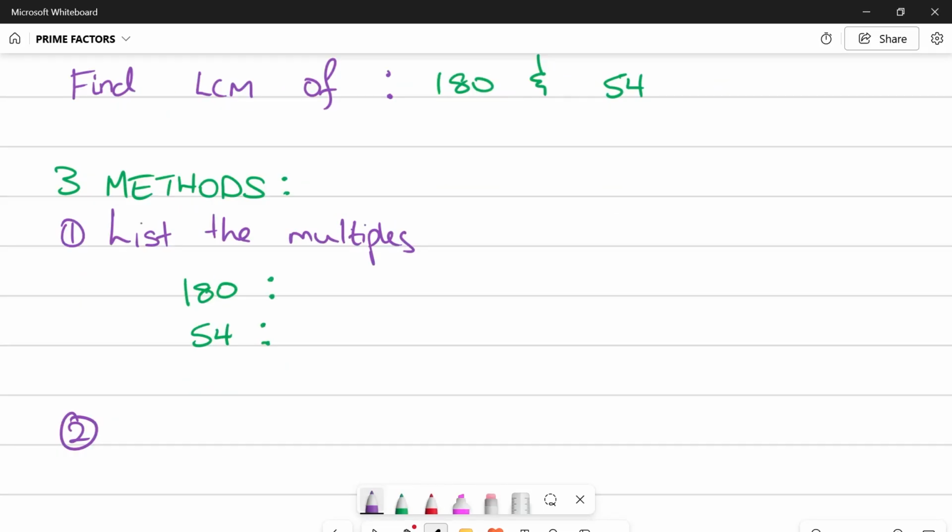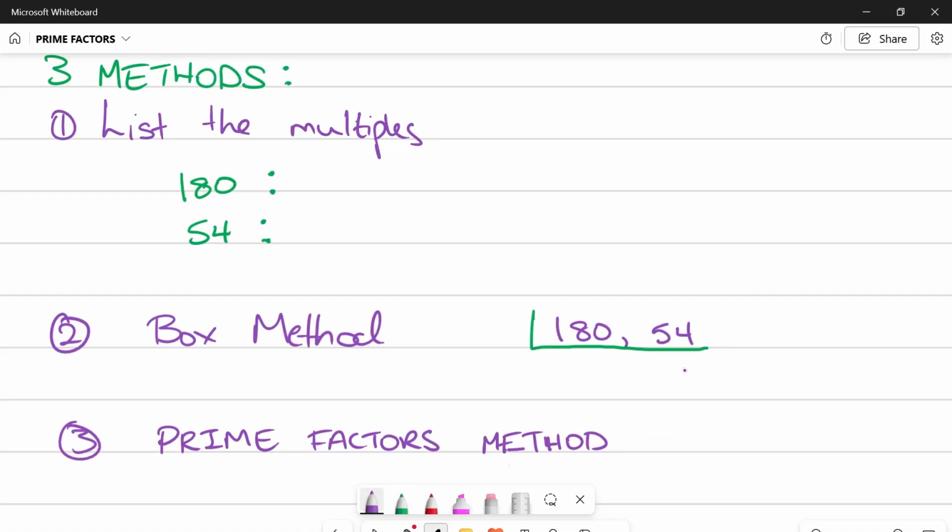The second method is called the box method. This method is covered in another video and it involves dividing the two numbers. The third method of finding the LCM is called the prime factors method. Let's have a look at how the prime factors method works.